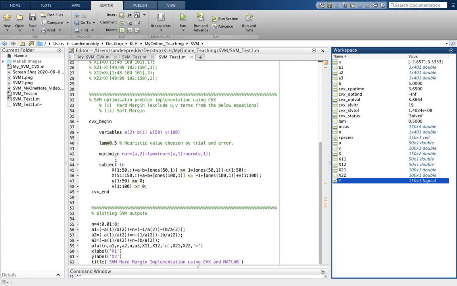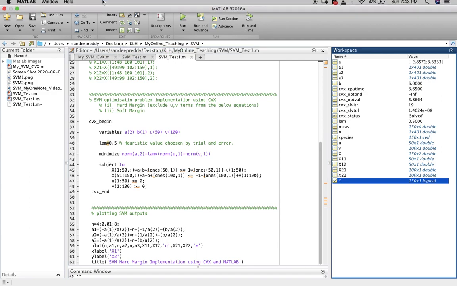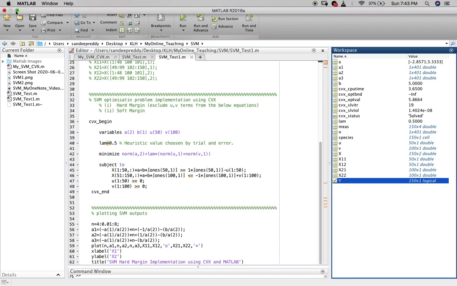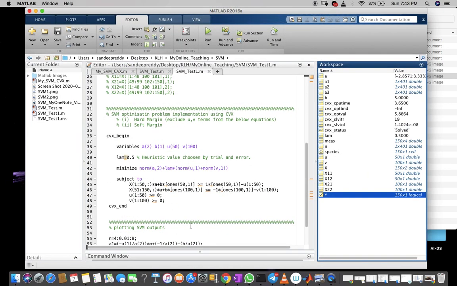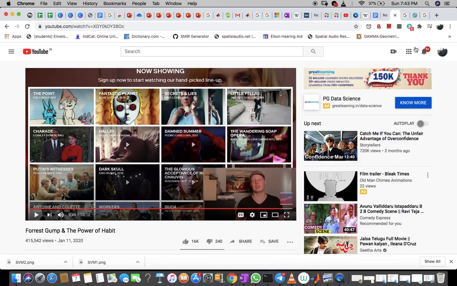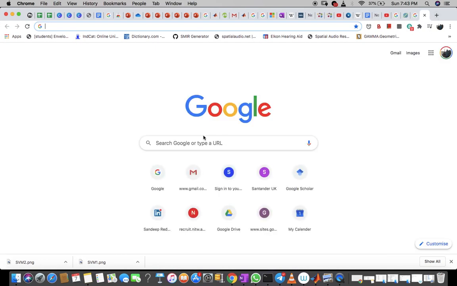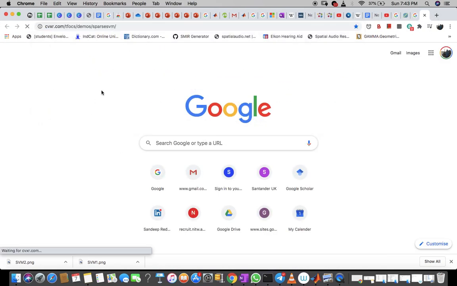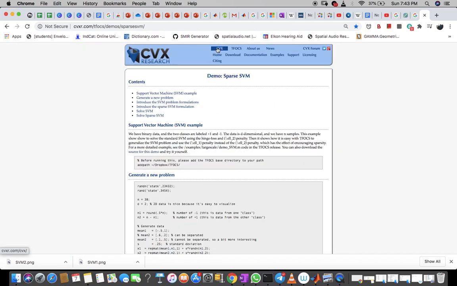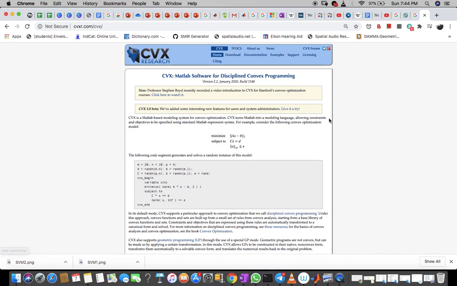Before I actually show this program, for those people who don't know what CVX is, I just want to give a brief introduction. Let me show it to you and get back to this MATLAB script. Type CVX in Google, and you will go directly to the website. As you can see here, CVX is disciplined convex programming you can do in MATLAB.